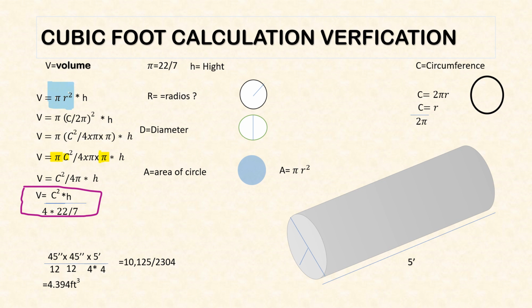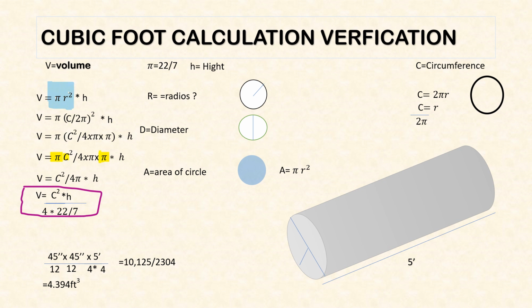So this is the formula that we are going to discuss in relation to the calculation of cubic foot. In the second line of the formula, you can see V equals π within brackets C divided by 2π close bracket squared into H. So we may discuss now how it is to be derived.